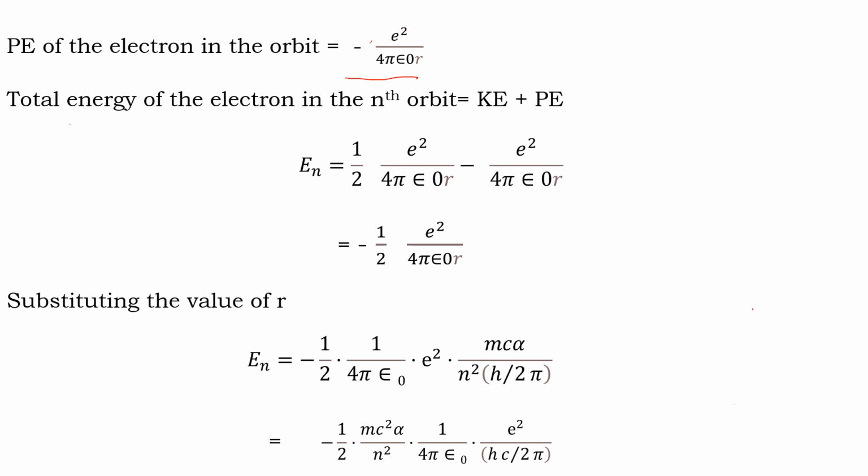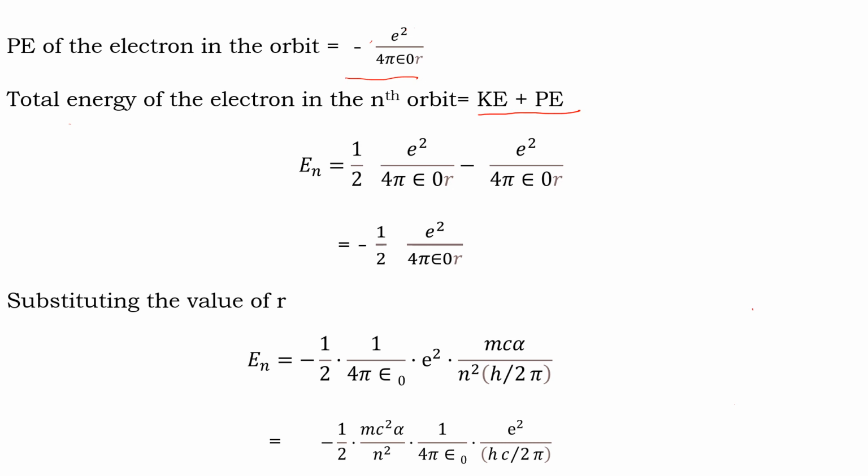And considering the total energy of the electron in the nth orbit, that is the sum of kinetic energy plus potential energy. The total energy of an electron sitting in an orbit is obtained by considering its kinetic energy and its potential energy. When an electron revolves in an orbit, it has some kinetic energy. Then, when the electron is in the orbit, there is an electrostatic force of attraction between the positive charge in the nucleus and the electron. Because of this electrostatic force of attraction, the potential energy comes.